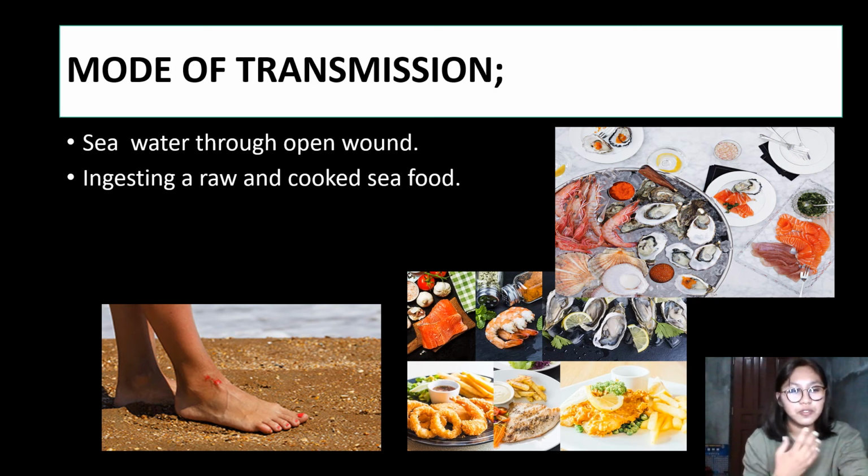Infection of halophilic vibrios are generally acquired through ingestion of contaminated shellfish or seafood or by direct invasion through wound. So if you have an open wound and you swim in salty water, there is a possibility that bacteria will enter your open wound, which is Vibrio Alginolyticus.